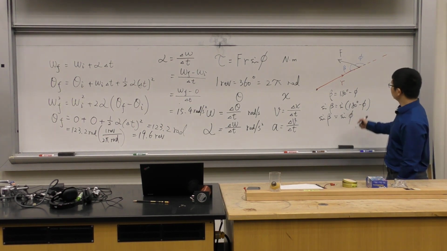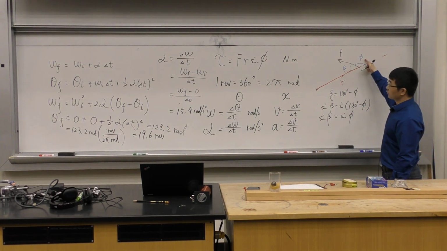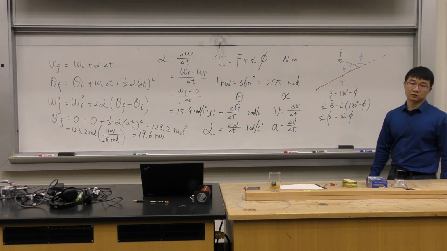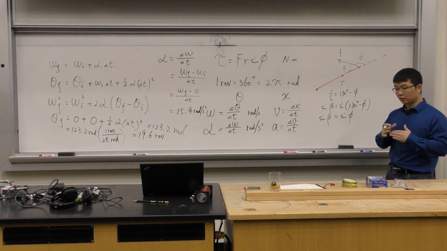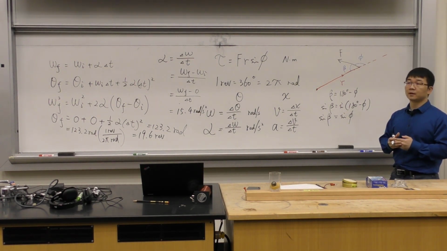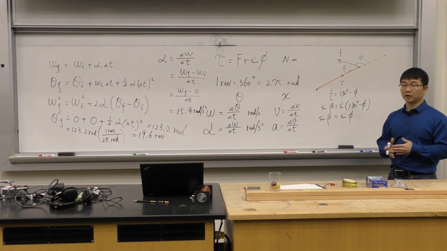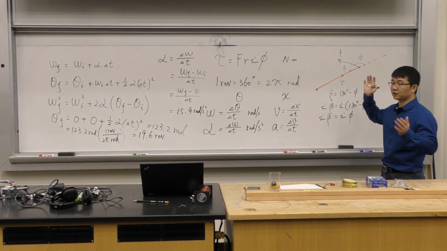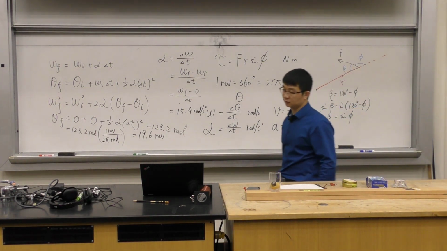Even if you pick the small angle or the large angle, doesn't matter. You sine it, you get the same number. So as long as it's the angle between the force line and the arm line, you will get the right answer. You can either pick the small angle between them or the larger angle between them, fine, doesn't matter. You always get the same number.